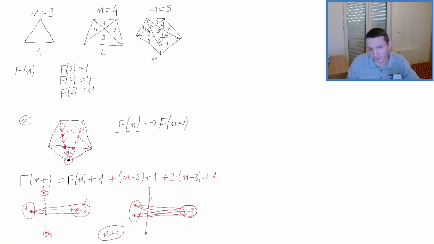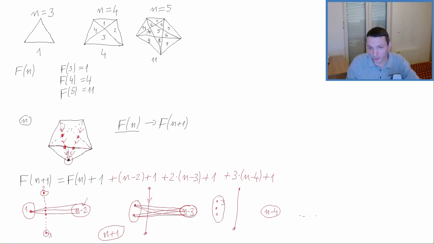The next case is when I have 3 points on one side of the new diagonal and n minus 4 points on the other side. And I again can join each of these 3 with each of these n minus 4, obtaining 3 times n minus 4 intersection points, and the number of new areas is this number again plus 1.